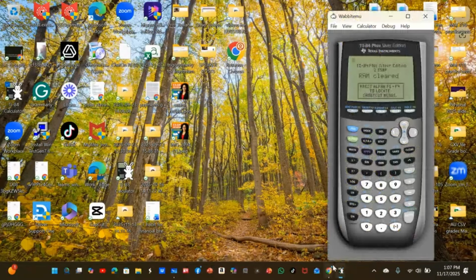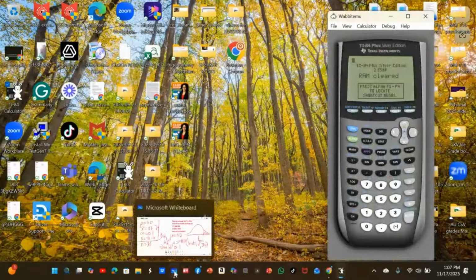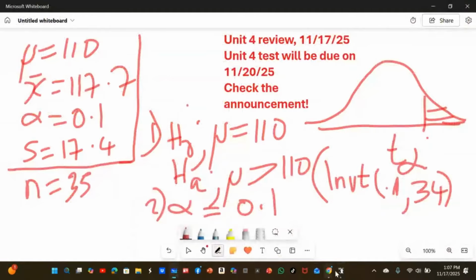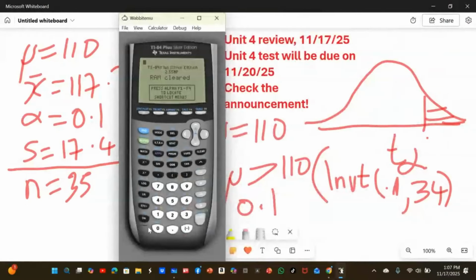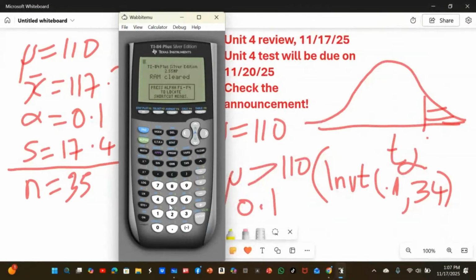All right, so now I'll go back to my whiteboard. My calculator is here. Now the next one is substitute to get inverse t. Second distribution, number 4, which is inverse t. The area to the left in decimal is 10% or 0.1.